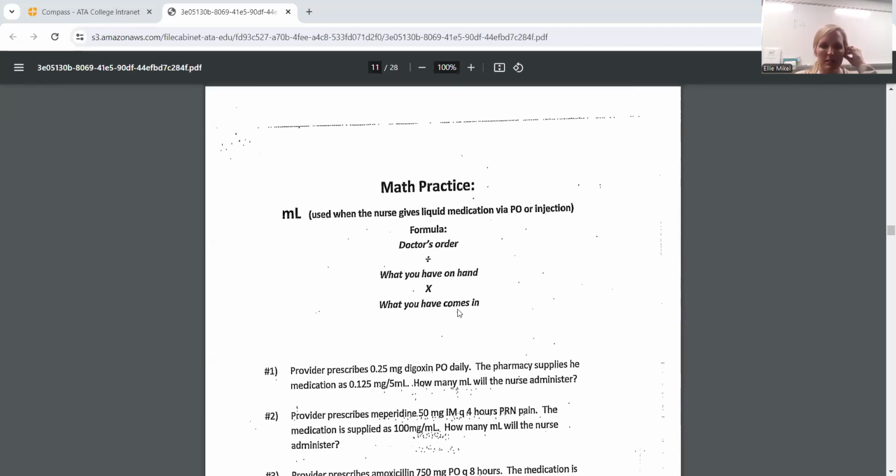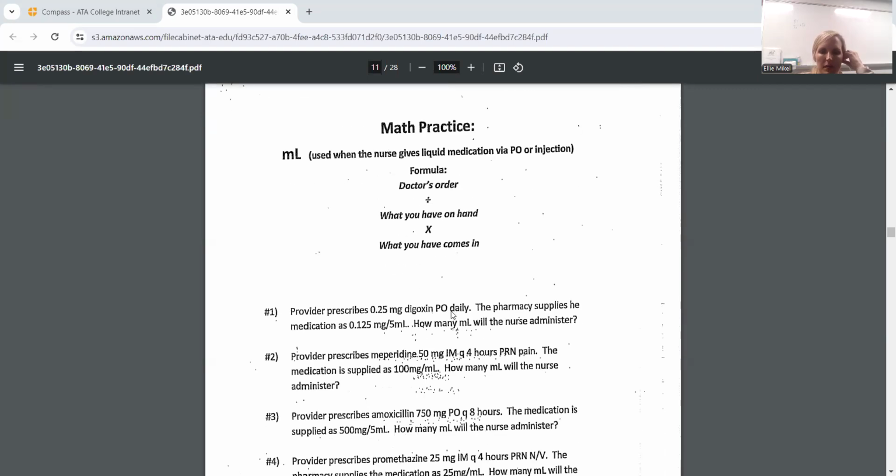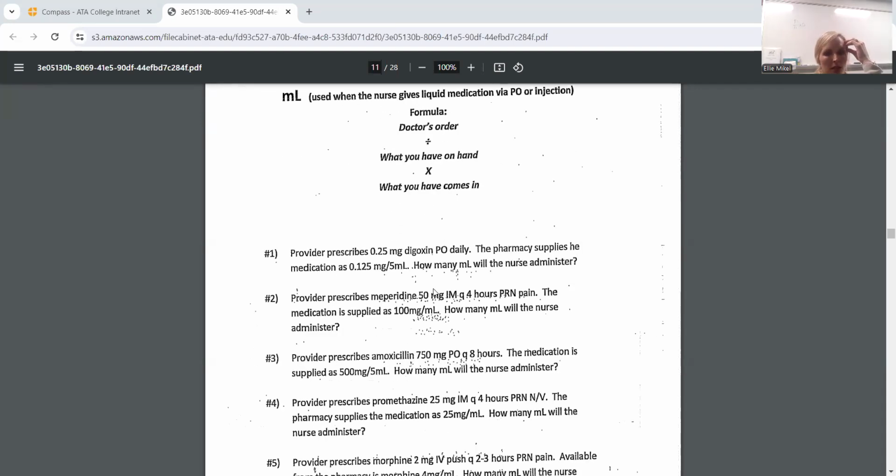So this is some math practice, again, using the D over H times Q formula, just to show you how some of these could be worded. Looking at the first one, provider prescribes 0.25 milligrams by mouth daily. Sorry, I don't know these medications as well as you nurses do. That's your job. I just know the numbers.